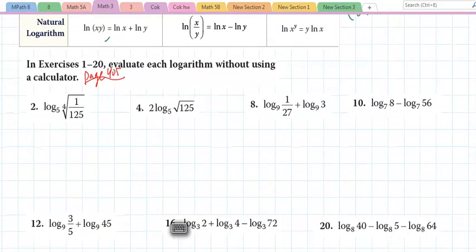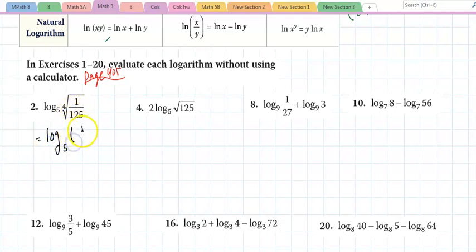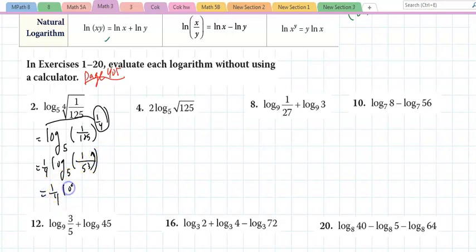If I look at problem number 2, I'm trying to simplify this. Well, the base is a 5. I'm going to write this as 1 over 125 to the 1/4. By the third law, I'm going to move that up front. And wouldn't you say this is 1 over 5 cubed? This moves up. You have a couple of options now, but let's stick with that for now.